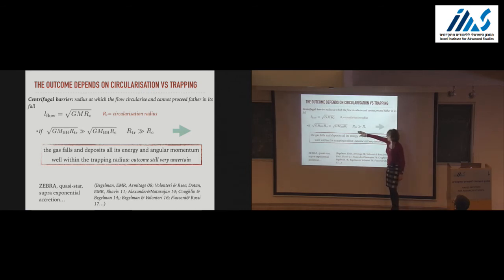Okay, so in this condition, the gas falls and deposits its energy and angular momentum well within the trapping radius, so in a very opaque region. I remind you that the trapping radius is the radius within which the flow accretes faster than the photons can escape.